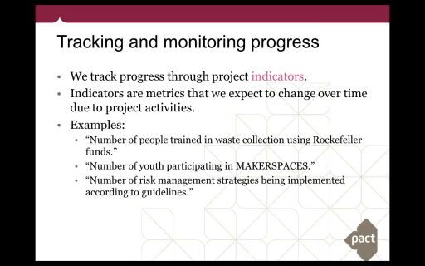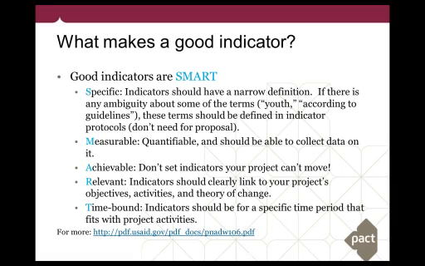We're going to go right now into some detail about what makes a good indicator beyond these characteristics. One acronym that's used a lot of the time is SMART indicators. So good indicators are SMART because they are specific. They should have a very narrow definition. So if there's any ambiguity about some of the terms, we saw the term youth being used in the previous slide, you would define those in indicator protocols that go along with the indicators.